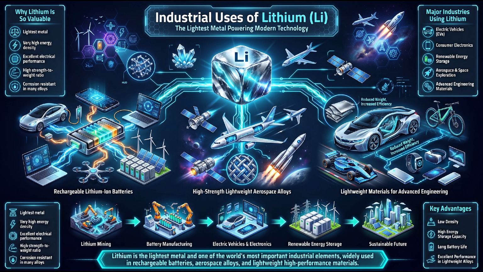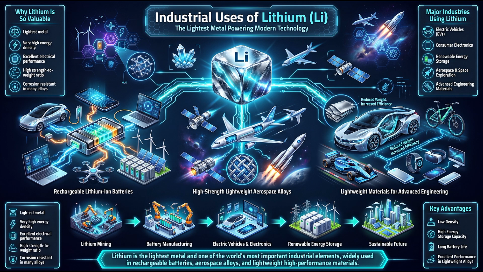Another major application of lithium is renewable energy storage. Renewable energy sources such as solar panels and wind turbines generate electricity only when sunlight or wind is available. Lithium-ion battery systems store this excess electricity and release it whenever energy demand exceeds supply.